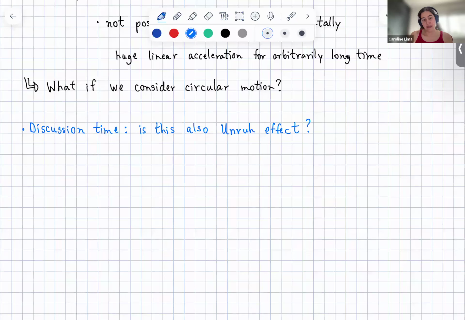I want to get your opinions, pros and cons. What have you learned from 5 minutes of Googling yesterday about this topic? Please don't be shy. Okay, someone said something in the chat: radiation is not thermal, but it's very similar. What else have you got? If you open your mics, maybe it's nicer, but I understand if you prefer to just type.